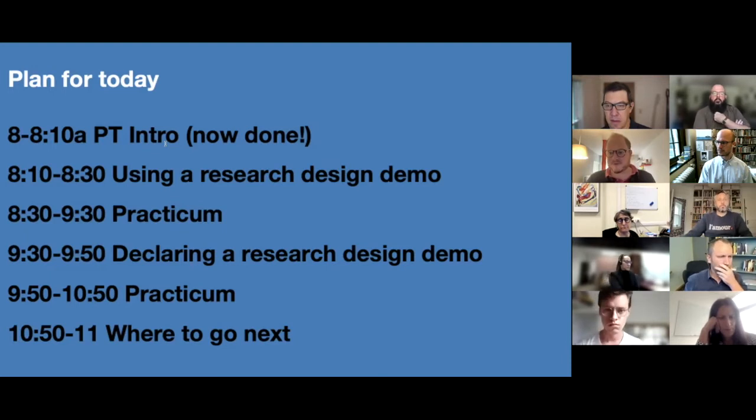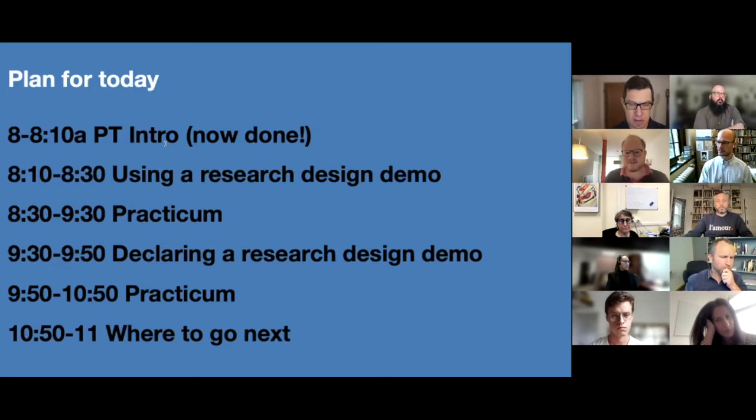So we'll walk through different versions of a 2-arm and then a 3-arm trial. Then we'll break up into groups and we'll work on a second practicum, which is running through a set of design declarations. And then we'll come back together for the last 10 minutes to talk about how you can adopt DeclareDesign and how we can help you do that. So I'll hand it over to McCartan.